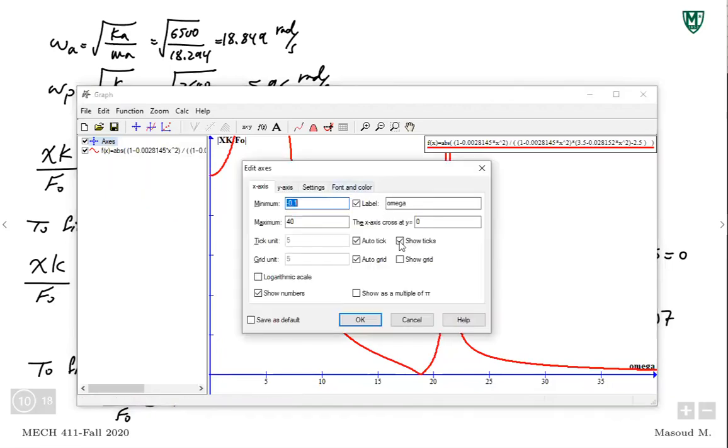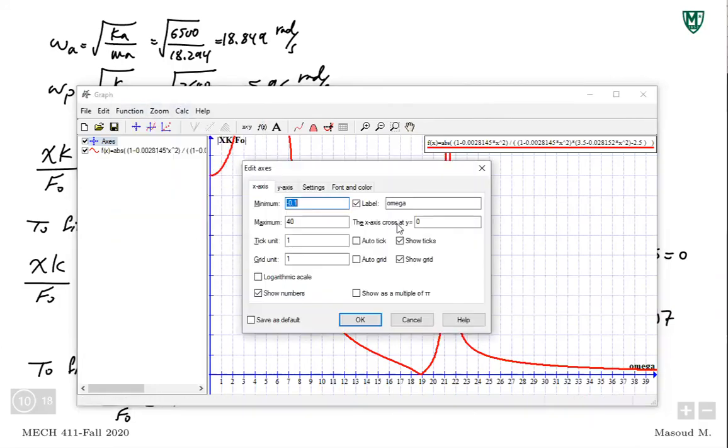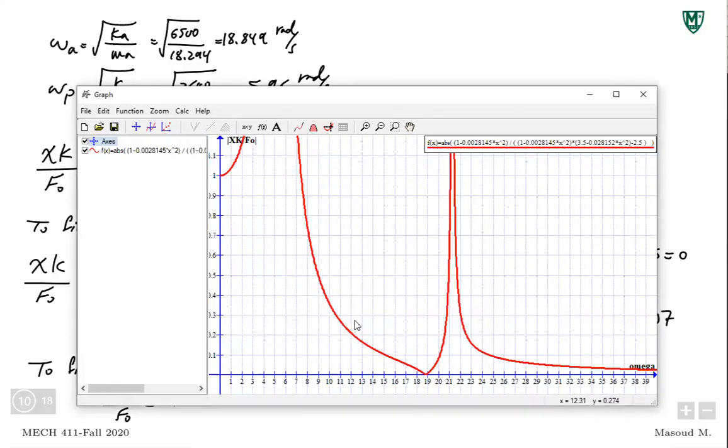Let's use grids, and I want to use finer grids so we actually see what is going on. Show the grid, and let's go for 0.1 and 0.1. All right, look at this. I need to see the x-axis, so I'm going to move this a little bit, minus 1 to the left. There you go.